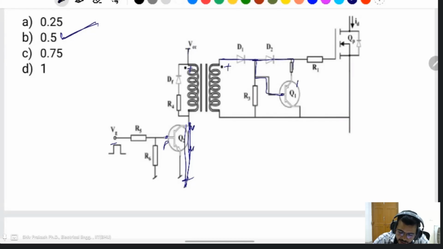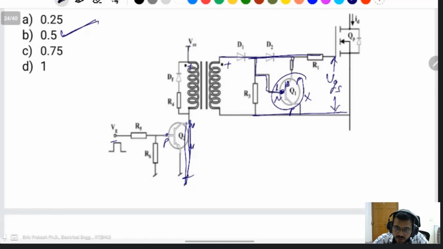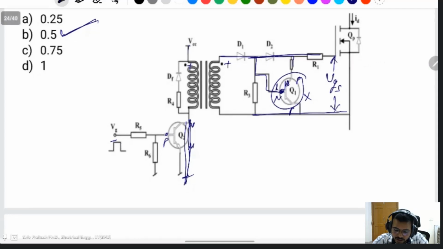This is the PNP transistor. Please check this one. The arrow is there, that's why it is a PNP transistor. Then the base voltage is high, it means this will be off. The same voltage appears on the VGS of the MOSFET. The MOSFET will be turned on. Q1 is not working, it means it is not in the picture in on time.